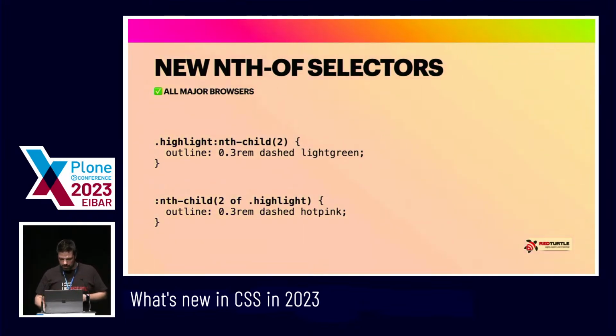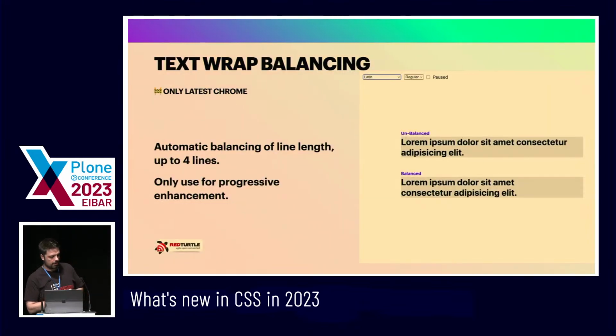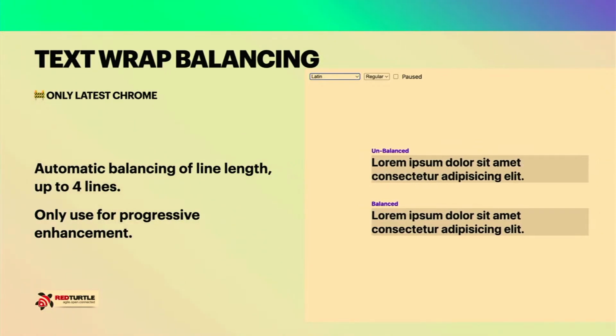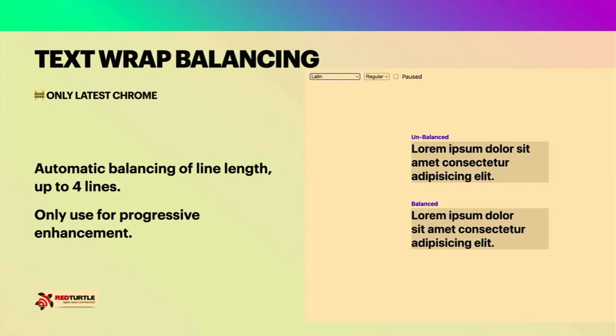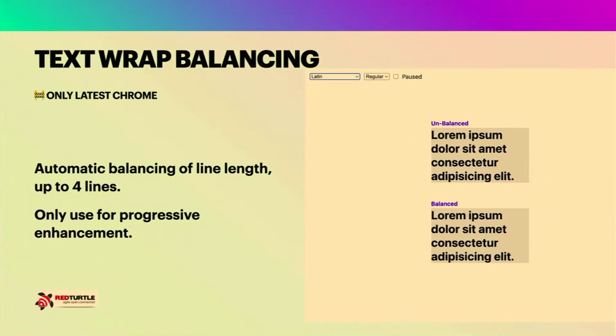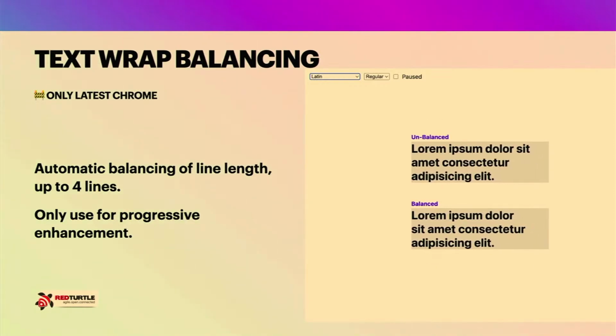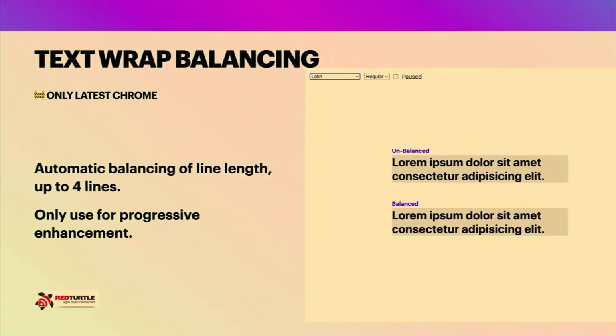Next one is something less stable for now, but worth mentioning, in my opinion. It's the text wrap balancing. So text wrap balancing, let me show you the video. Yeah, it's just that. It balances the length of the lines of the text you add this to, and it allows for neater layouts.